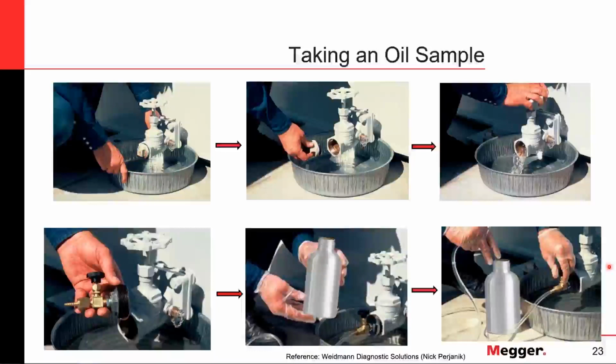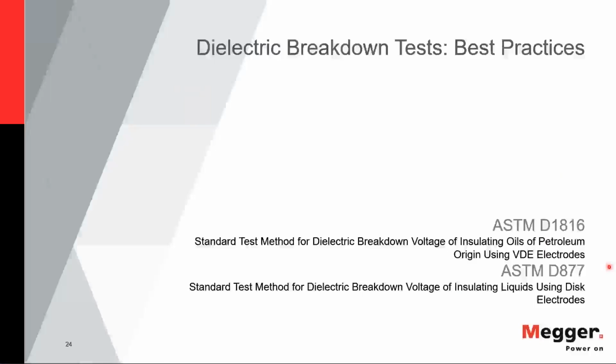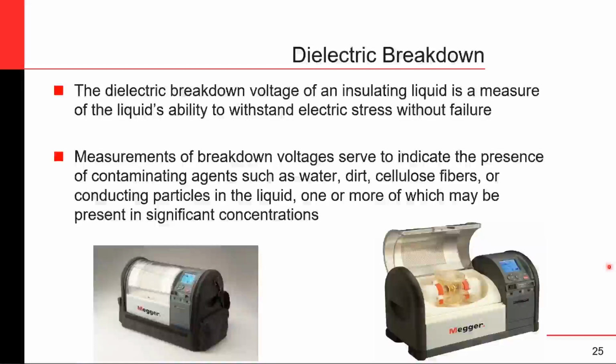When we get these measurements, we will get an indication of the presence of conducting particles in the liquid or contaminating agents such as water, cellulose fibers, dirt, or any type of contaminant, like I said before, that will diminish the dielectric properties of the oil and which will cause an eventual failure in our electrical equipment.